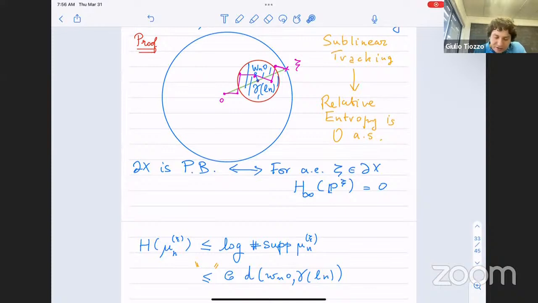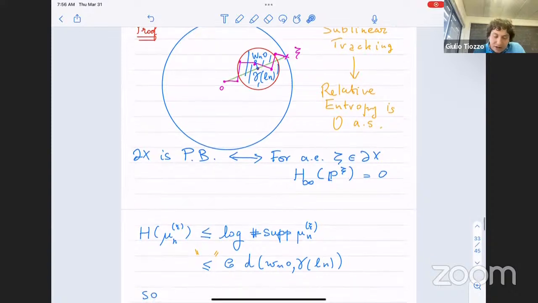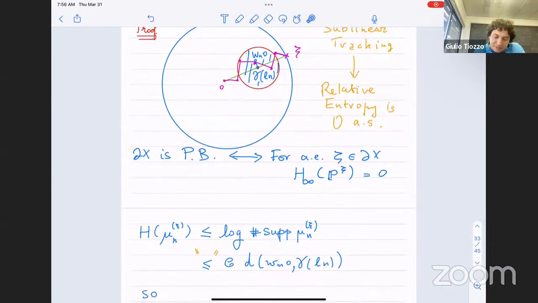But the idea of the proof is this. You take the support of this measure, this conditional walk, which is contained in this ball, and this ball has a radius which is basically the distance between the endpoint and the geodesic, and this grows sublinearly.